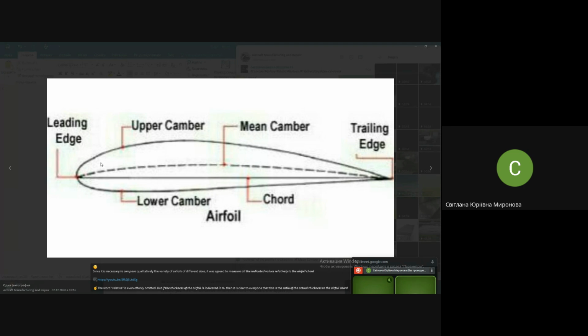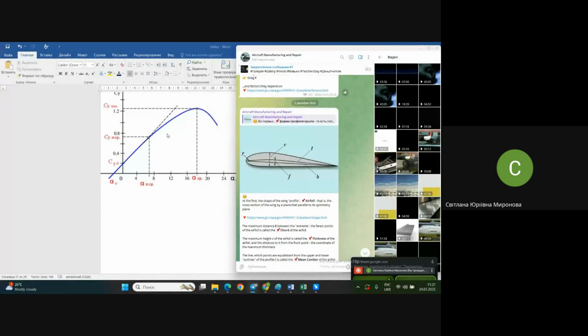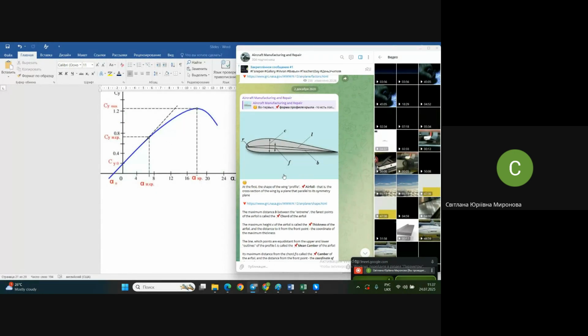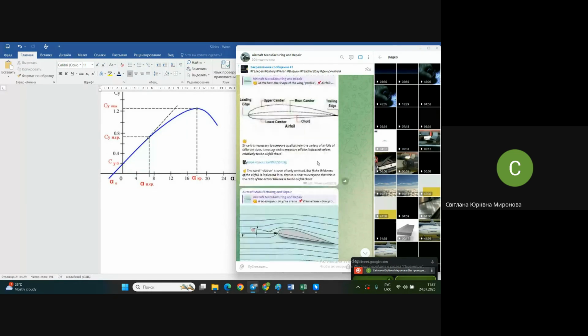The position of upper camber and lower camber specific points is also given in percentages of chord. Chord is usually designated with the letter b, big.